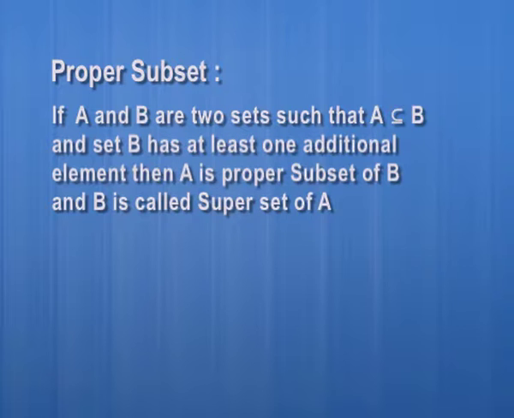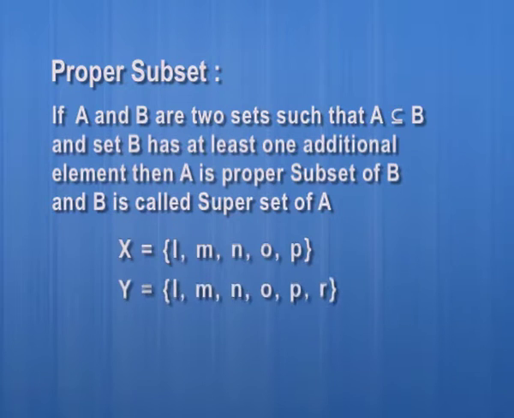Then A is said to be the proper subset of B and B is called the superset of A. For example, let X have 5 elements L, M, N, O and P, and set Y have all the elements which are in X and one additional element. Then X is the proper subset of Y and Y is known as the superset of X.